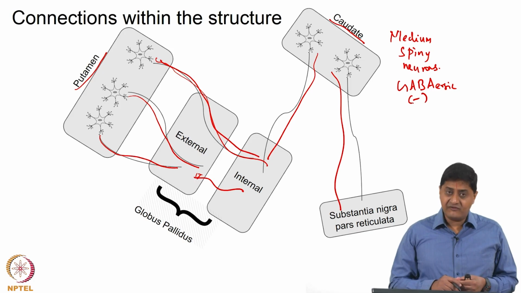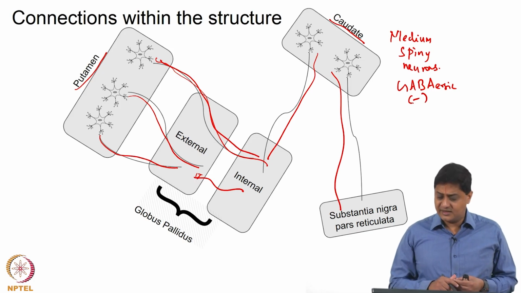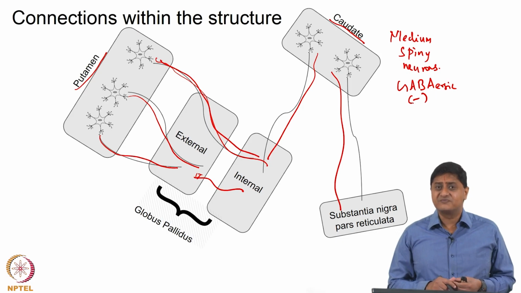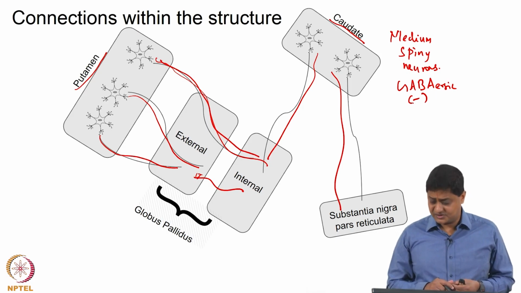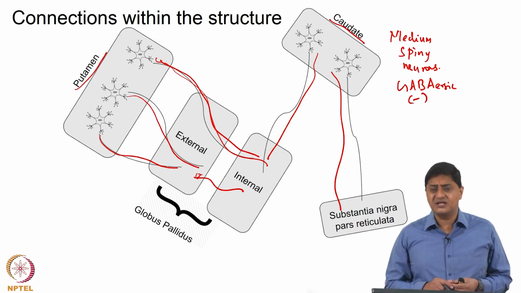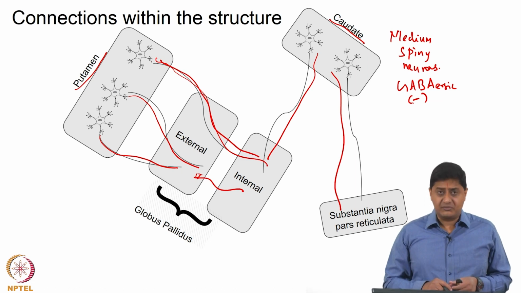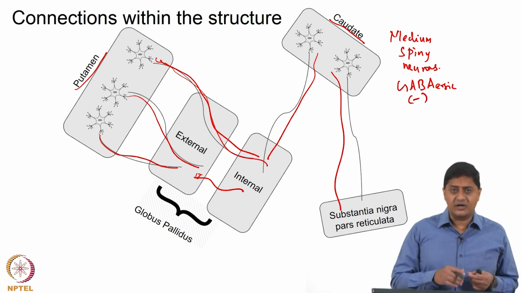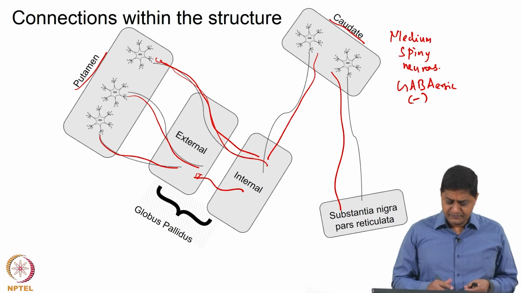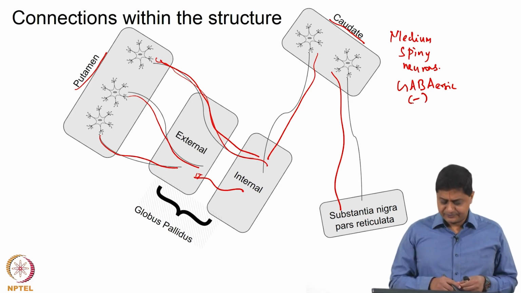They have a special name, medium spiny neurons, because of the presence of spines on their dendritic structures. So, these are a very special feature of the striatum. Striatum means both caudate and putamen. Okay. These output to both GPE and GPI.